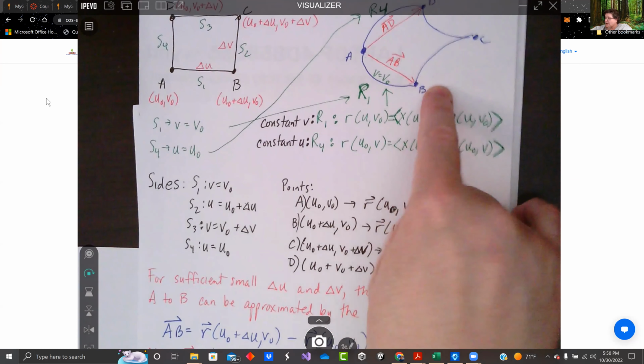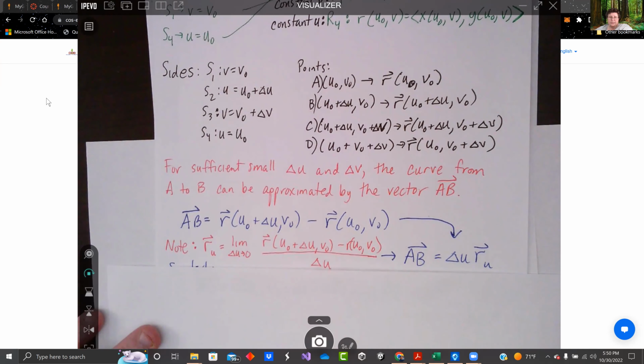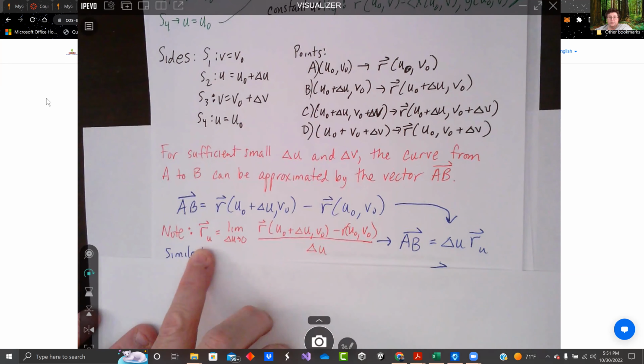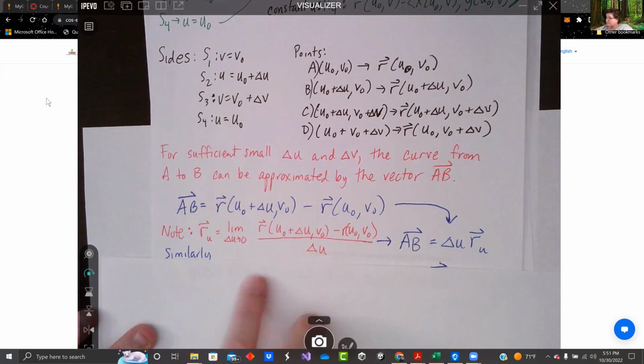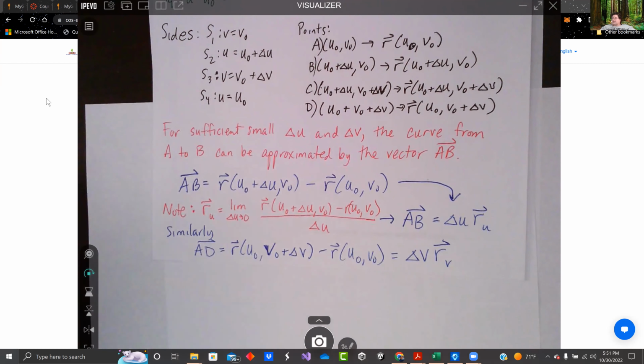We're subtracting it, and we want delta u to go small, so we're doing it as the limit goes to 0. If we divided by delta u, we would have dr/du. So if we multiply by delta u over the other side, AB is delta u times dr/du. Same thing with AD. AD would be delta v times dr/dv.